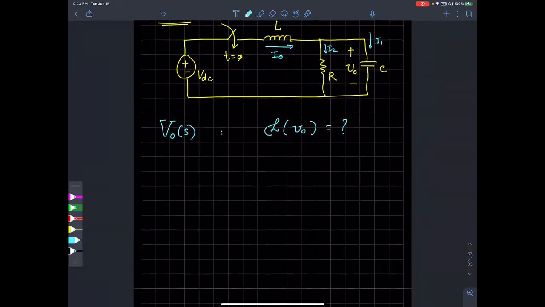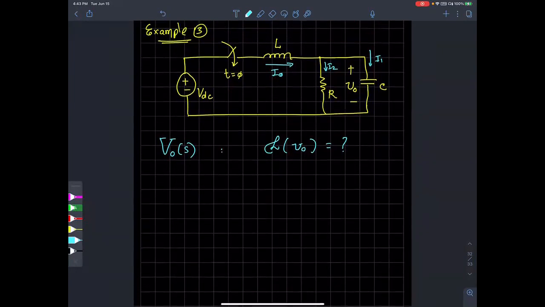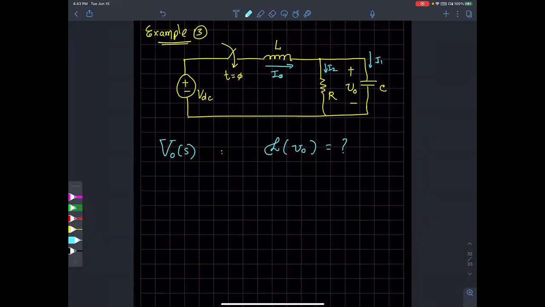Okay, how do you find the output voltage? Finding the output voltage is a matter of setting up KCL and KVL. The homework also says initial values are all zero.